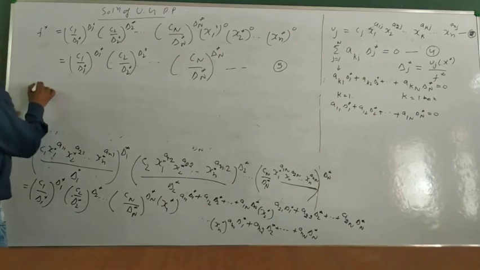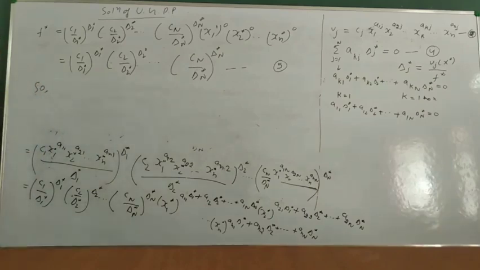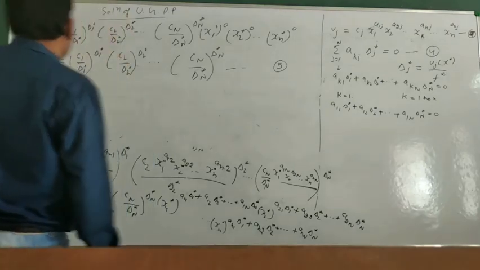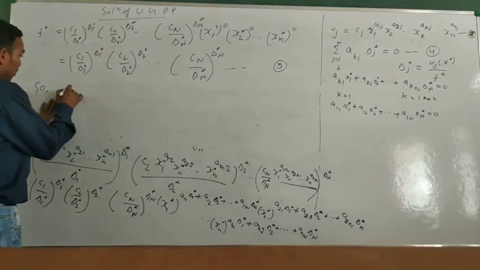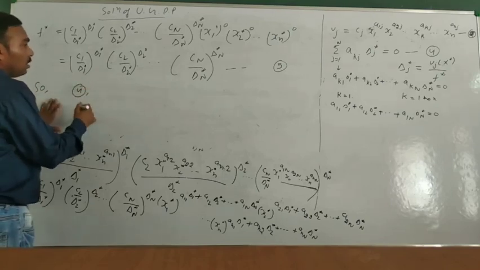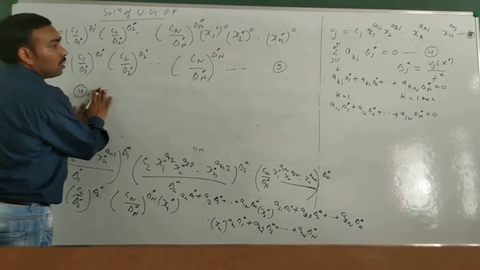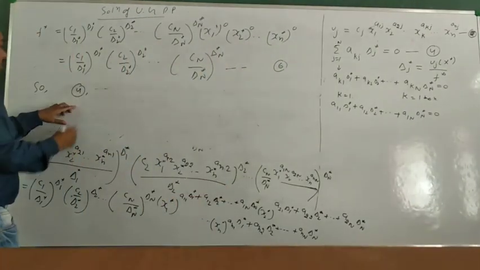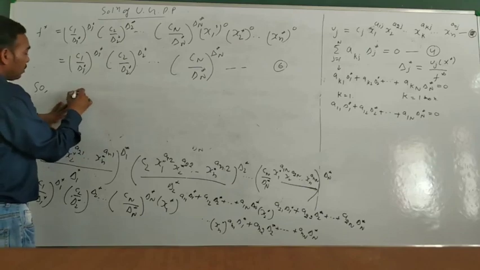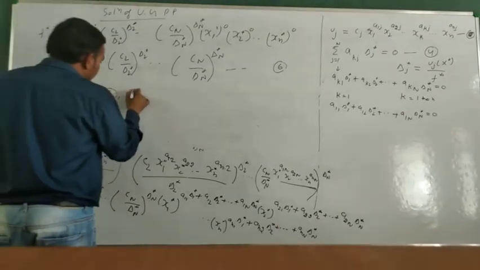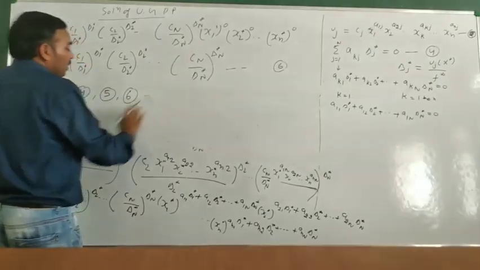So the solution is over. If given any optimizing problem, any geometric programming problem, with the help of orthogonality condition 4 and normality condition 5, and with the help of 6, we get the solution.